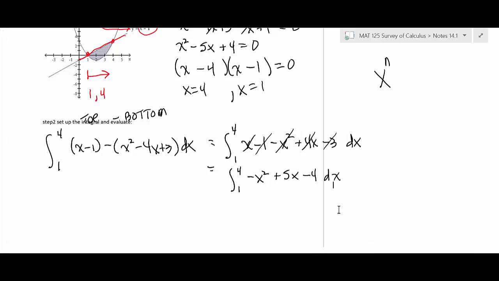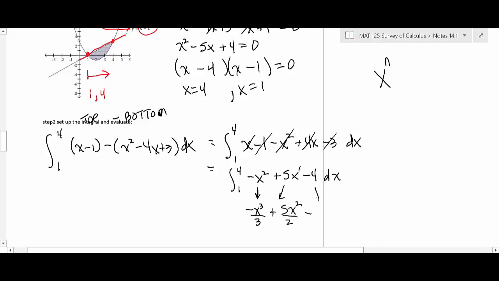Everybody with me so far? Okay, well, let's do the antiderivative. Tell me what the antiderivative of negative x squared is. Yeah, okay, power rule, right? What's going to be the antiderivative of 5x? Power rule, x to the second over 2.